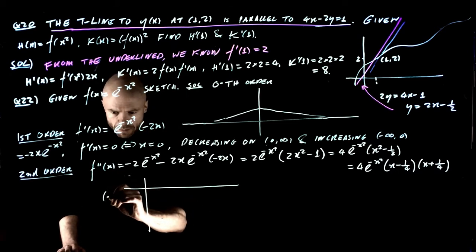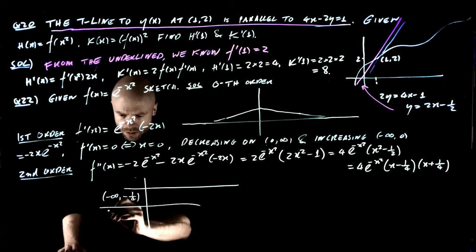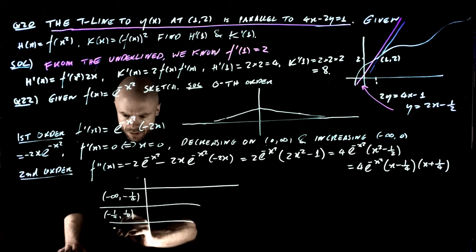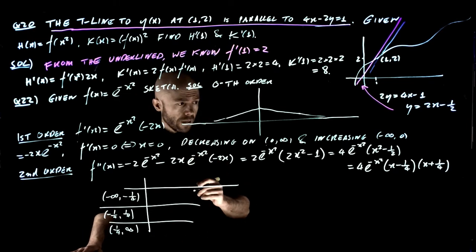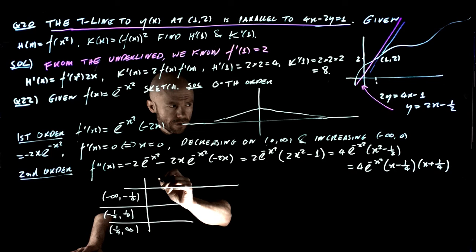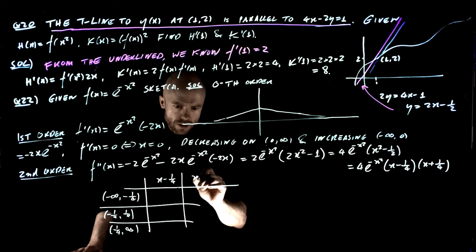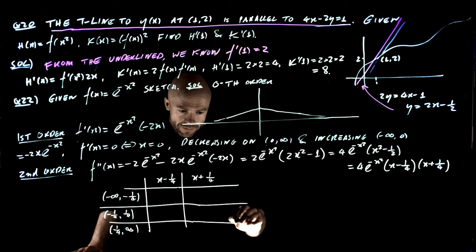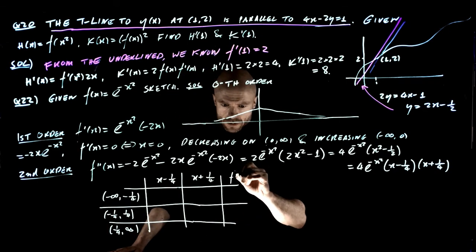So we are going to go from minus infinity to minus 1 over 4, minus 1 over 4, 1 over 4, 1 over 4 to infinity, and then we put in our factors, x minus 1 over 4, x plus 1 over 4, and then second derivative.